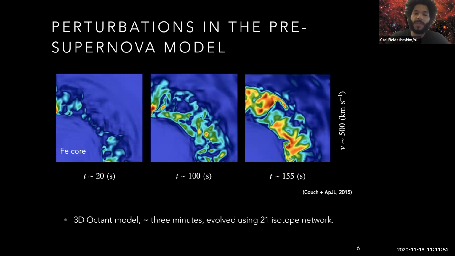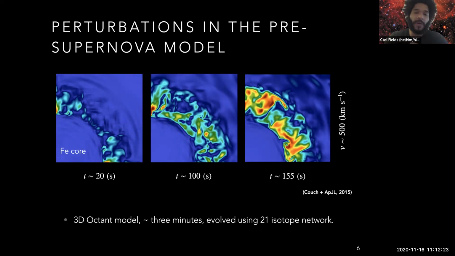So one of the first works to look at the initial model near collapse, in the context of the explosion mechanism, was a work in 2015 by Sean Couch and collaborators. What they did was they took this 1D spherically symmetric MESA model and mapped it about 155 seconds before collapse into FLASH and evolved it in 3D, in a 3D octant. Here we're showing an XY slice of this model. We're looking at the radial velocity.